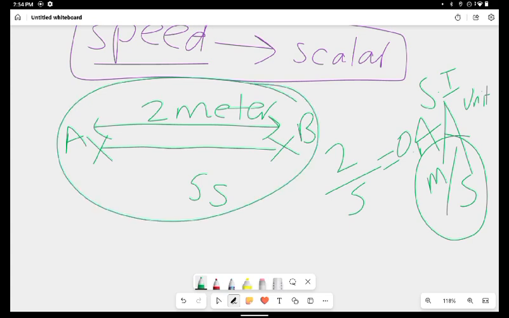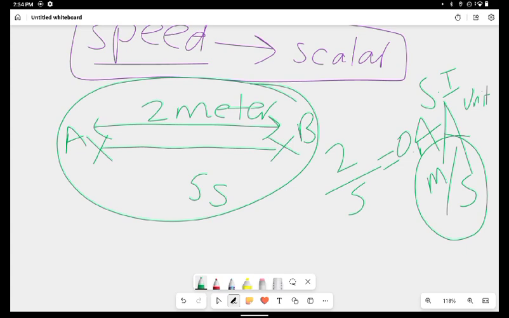In a specific amount of time, any period, 2, 5 seconds, 10 seconds, we see how much distance the object travels, and then we generalize that to per second. That's how much distance the object covers in 1 second.